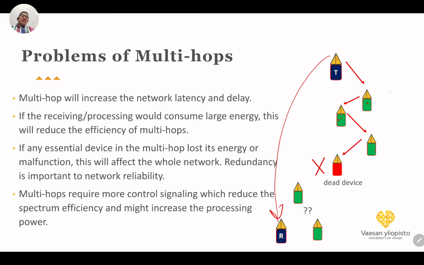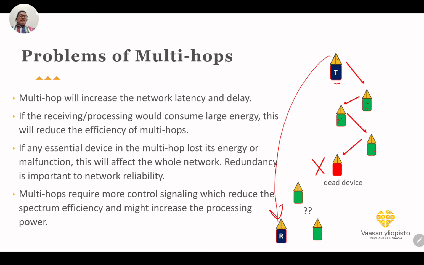If this terminal, for example, is busy, then the transmitting terminal should wait until it becomes free, and if the next is busy, it also has to wait, and so on. And in every transmission there will be some processing, so the time delay can be very large.